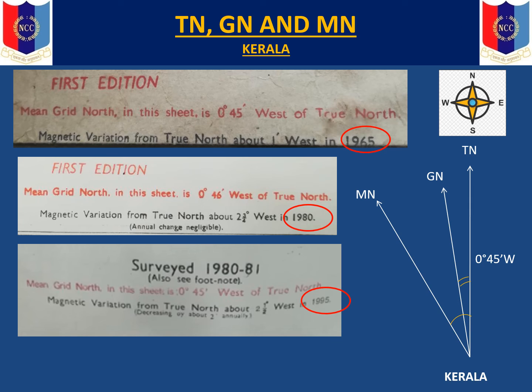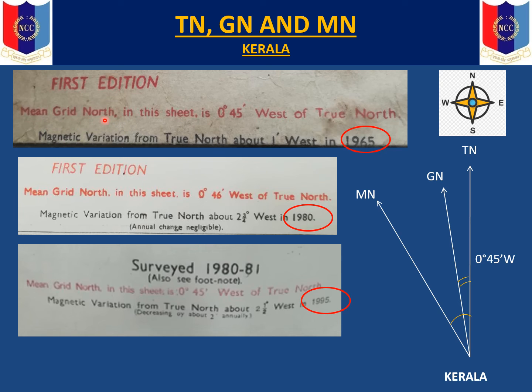Now this is what I was talking about as far as the magnetic variation depending upon the time factor. This is the top portion of the topo sheet. The edition is given here, first edition, and there are certain other statements given out here.